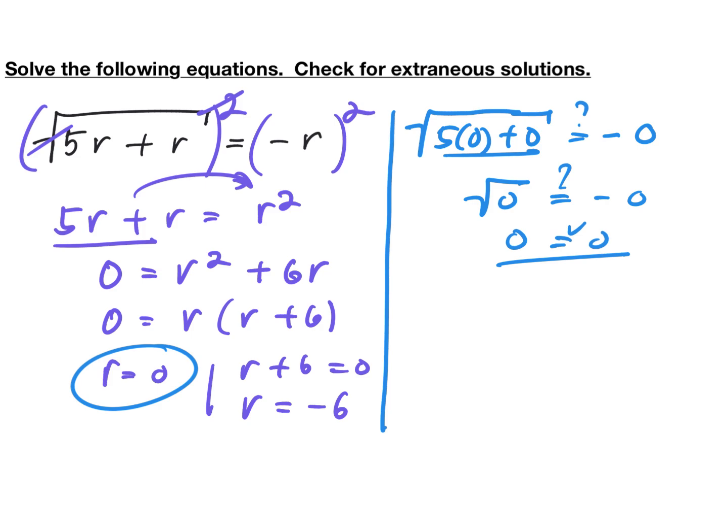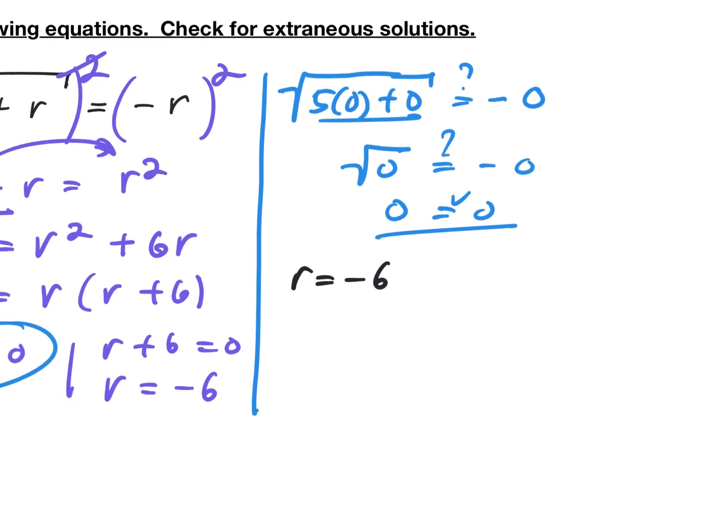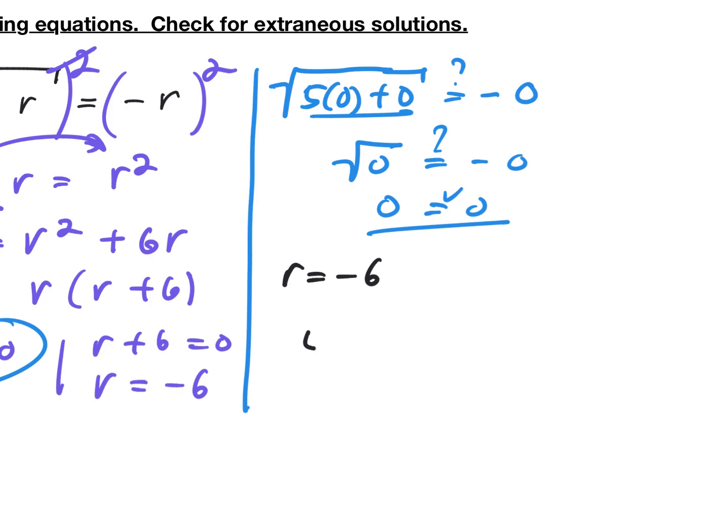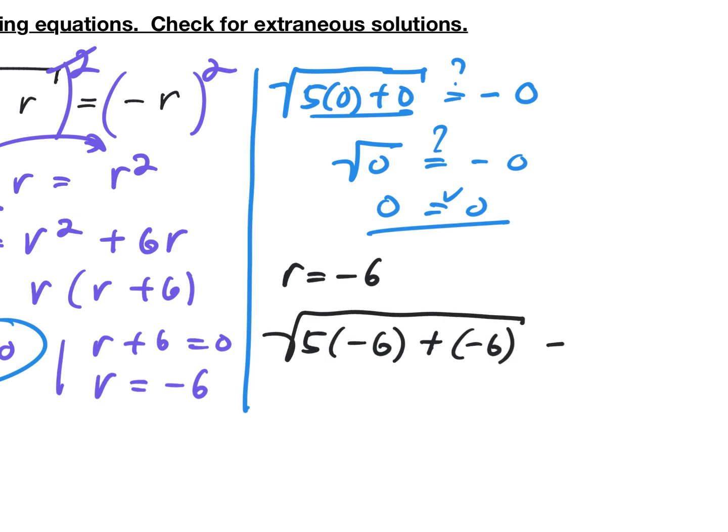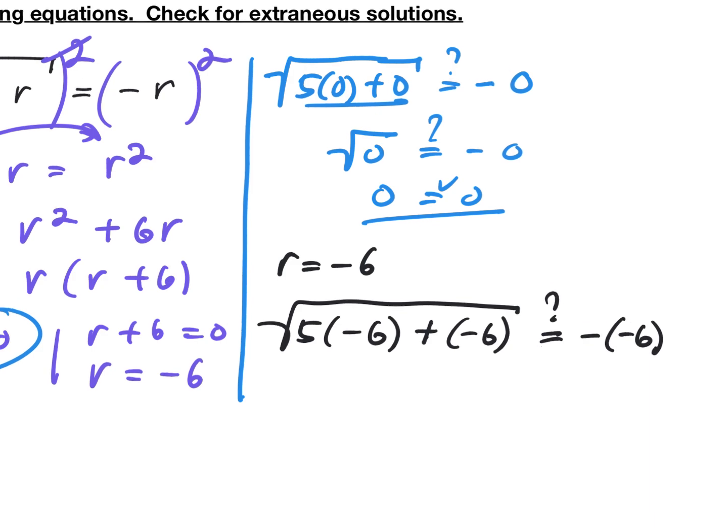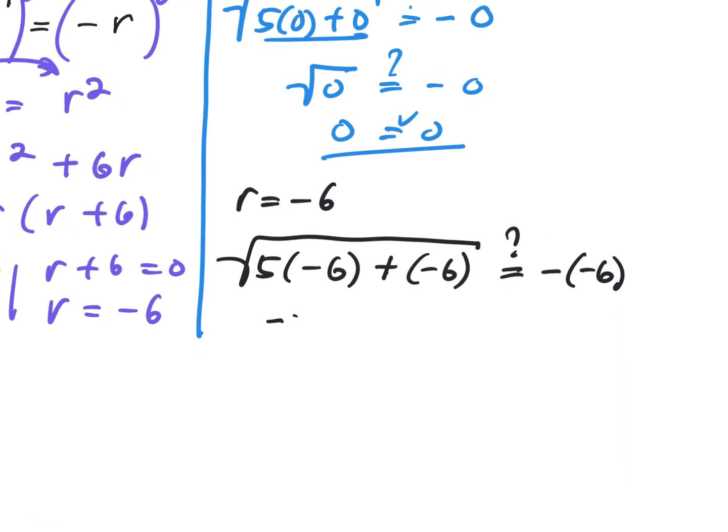Let's go for the second one, when r is equal to negative 6. Let's do that again. So 5 times negative 6 plus negative 6 is equal to negative times negative 6? This is going to give you negative 30 and negative 6, so that's going to give you negative 36, still under the radical sign.